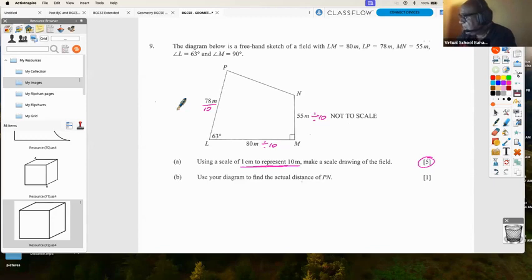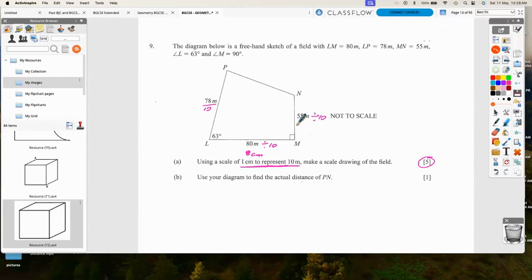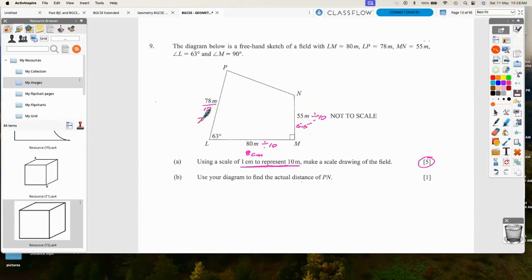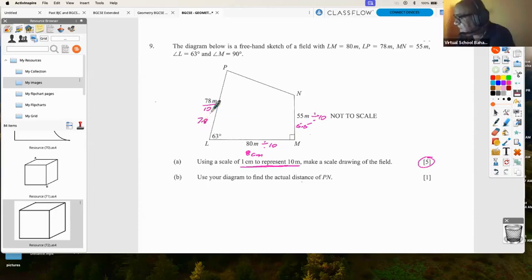So LM, if I divide 80 by 10, that will be 8 centimeters, right? This is in centimeters now. That is what we're going to draw on our diagram. What will this one be? 5.5 centimeters. What will this one be? 7.8 centimeters.